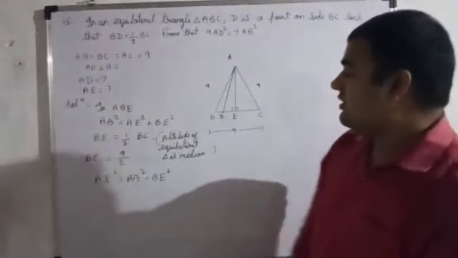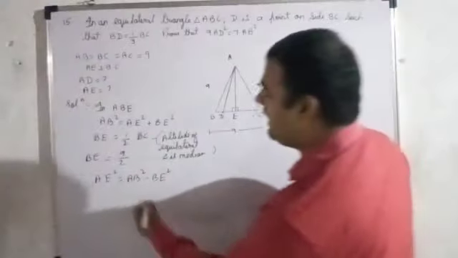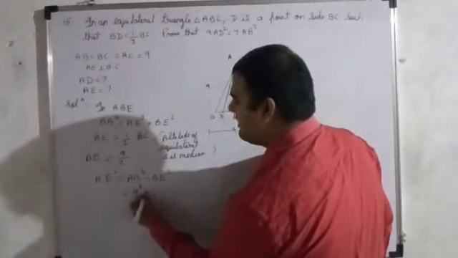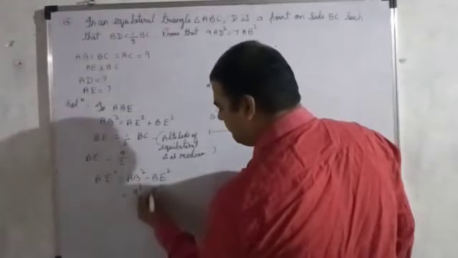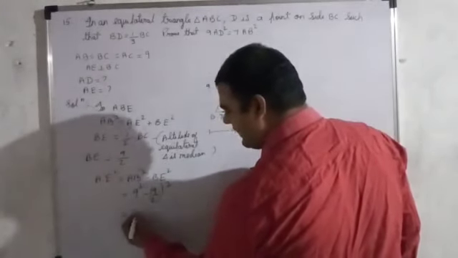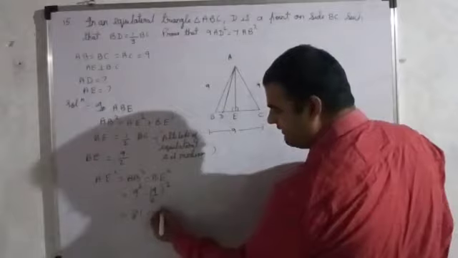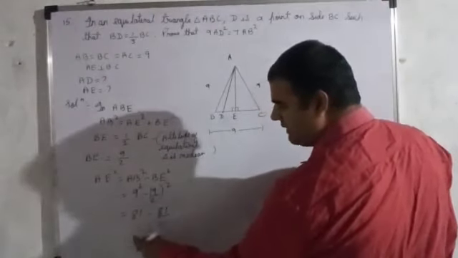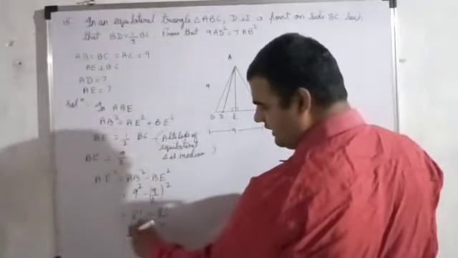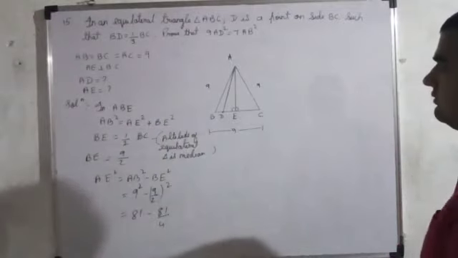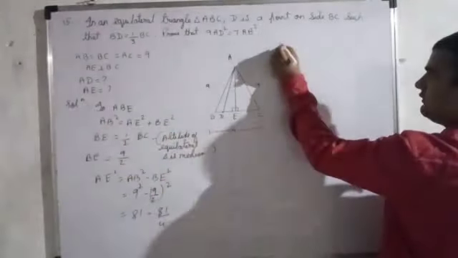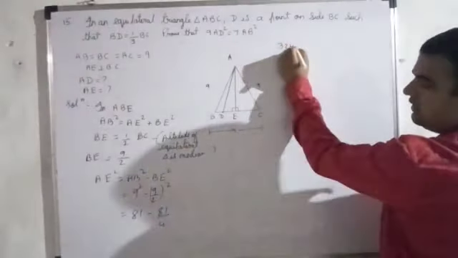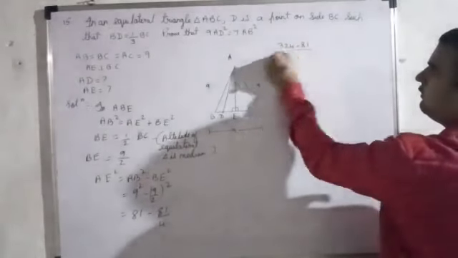Now AB is how much? AB is 9. So 9 square minus BE, which is 9 by 2, so 9 by 2 whole square. 9 square is 81. This will be 81 by 4. Cross multiply: 4 times 81 is 324, minus 81 by 4.